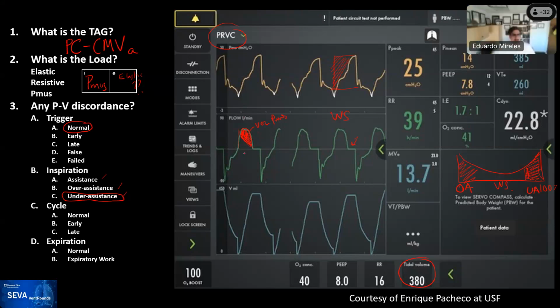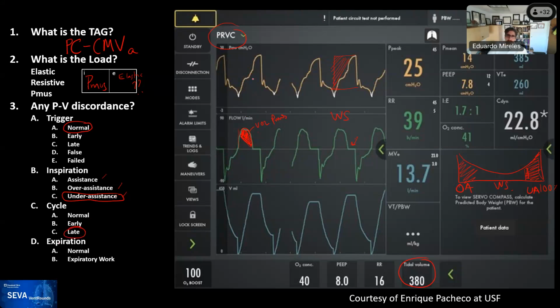Yeah. So let's talk a little bit about the cycle, because that would help put this into perspective, Ariel. I see what you're saying now. If we move into cycle, what you see is that there was flow, then no flow during a period of time, correct? And so we would term this either normal, early, or late. People are already putting there that this is a clear case of late.